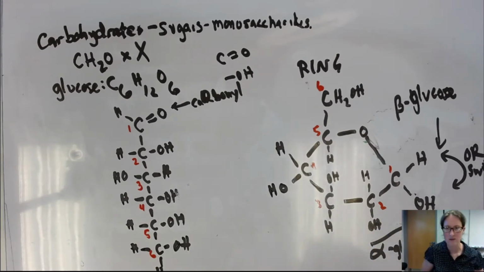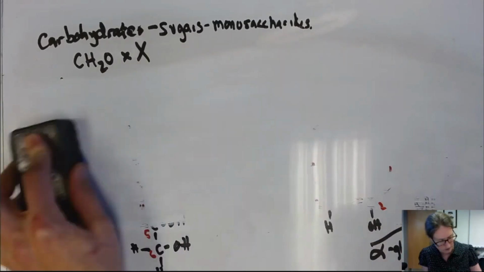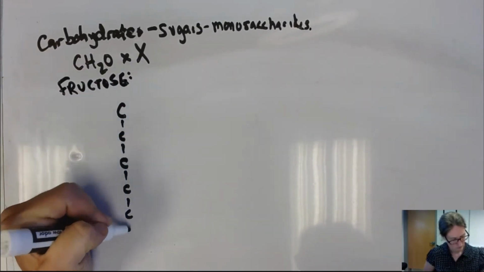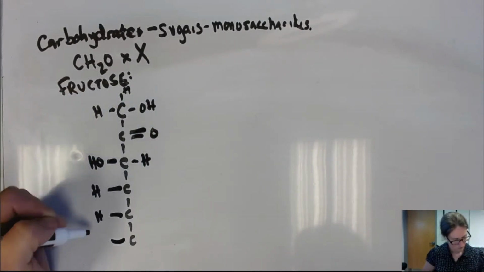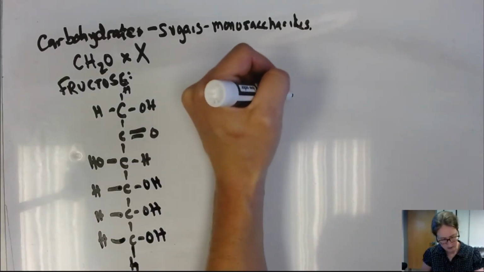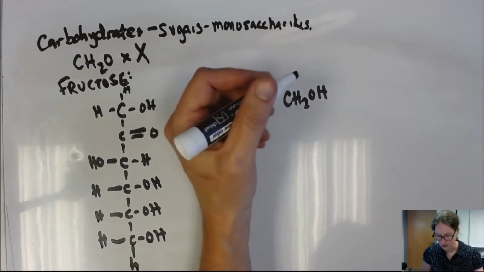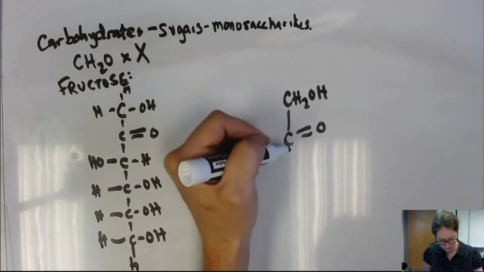And just to walk through this concept again, I'm going to speed through a second example of ring formation for fructose. So redraw fructose. And in this case, okay, so in this case, here's my carbonyl group.